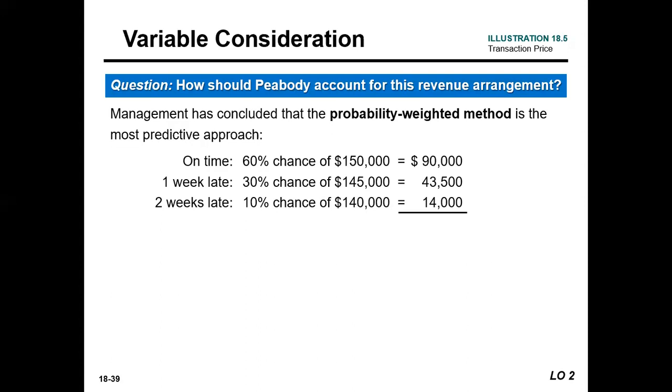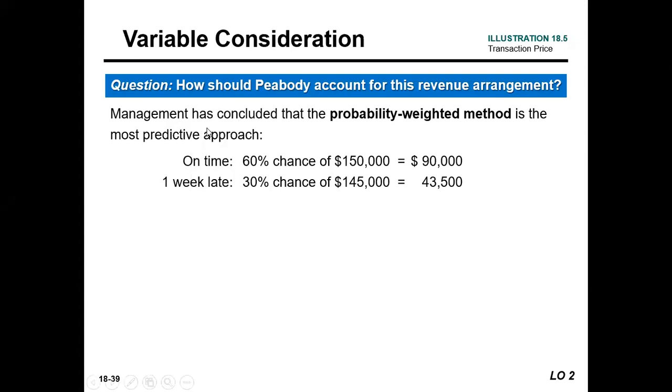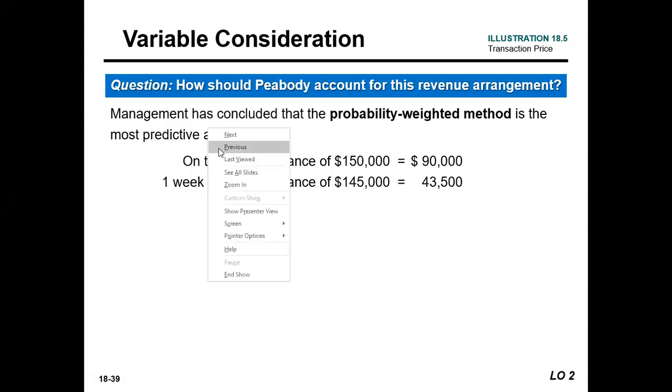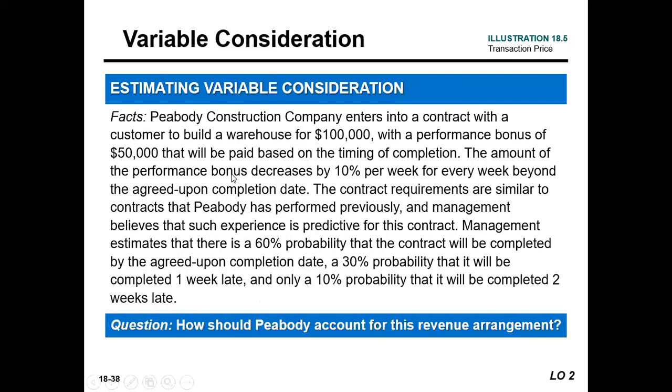How did we get 145, 140, 150? Let's go back to the previous slide. So it's here. 100,000 plus the performance bonus of 50.